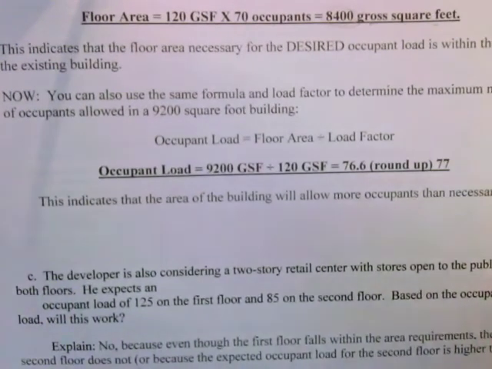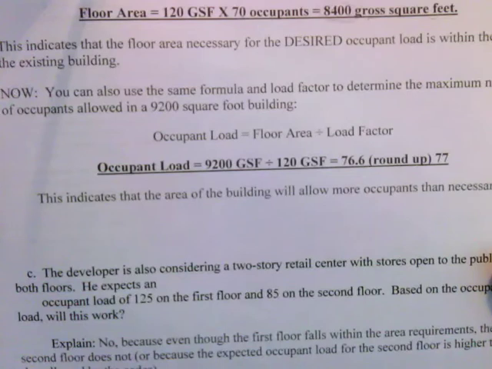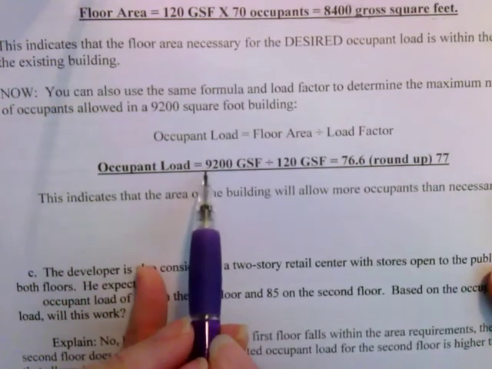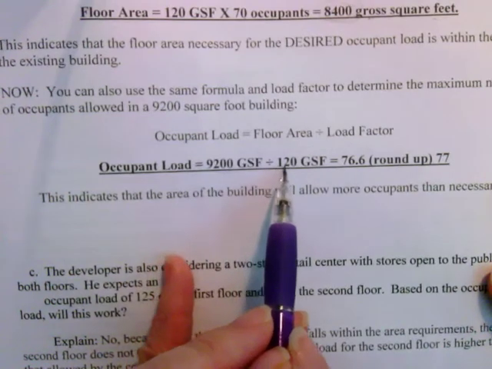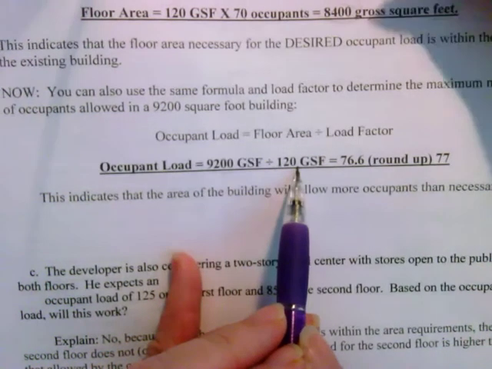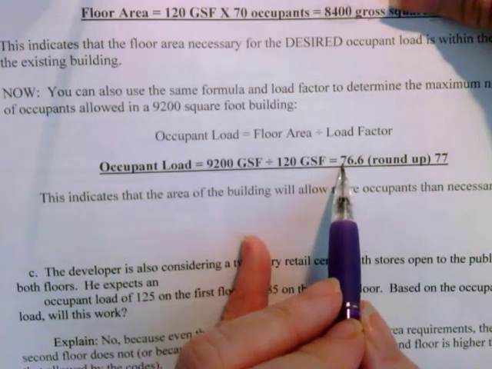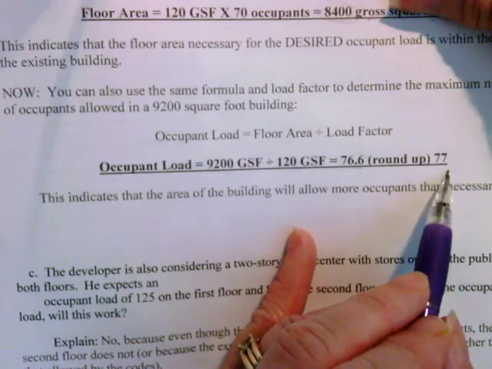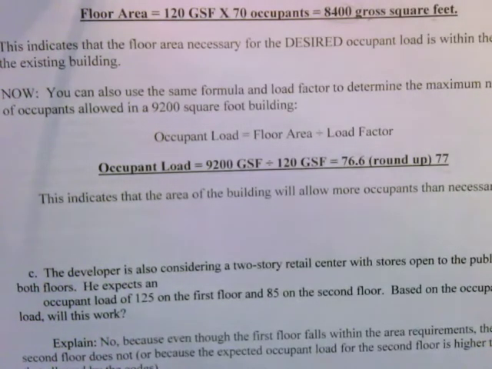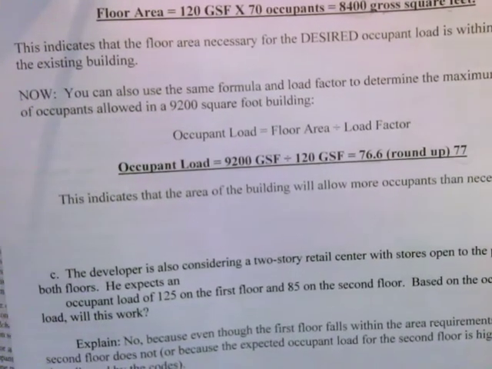Remember, I always say flip the formula a little ways, and then you could sell him on the idea, because that means you have 9,200 gross square feet divided by 120. That is the occupant load factor. Okay, that comes up to 76.6. We round it up to 77. So that indicates how many people could be in the building. So yes, that would work. And he has room for growth.